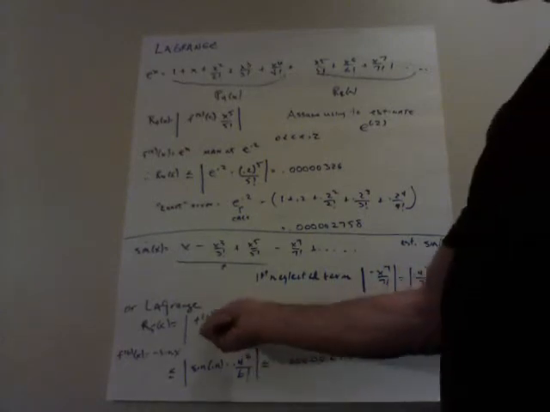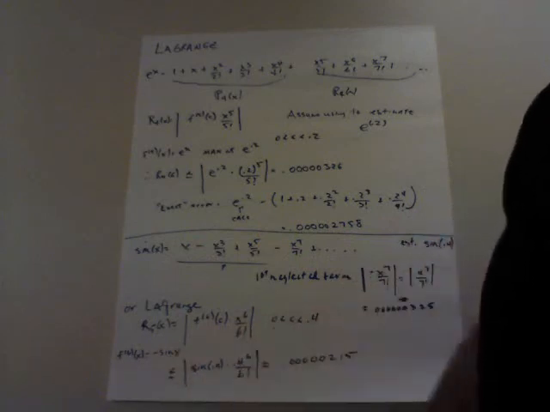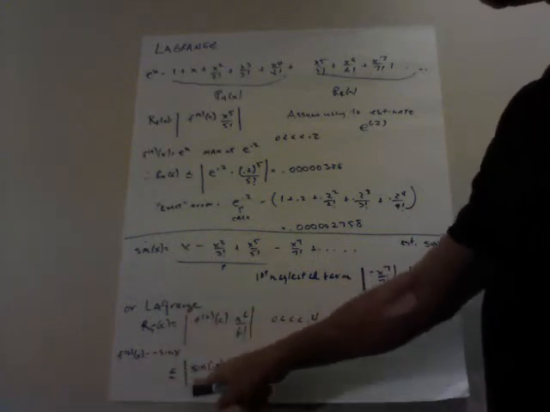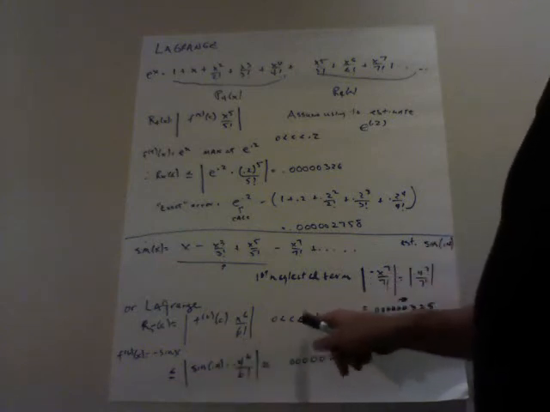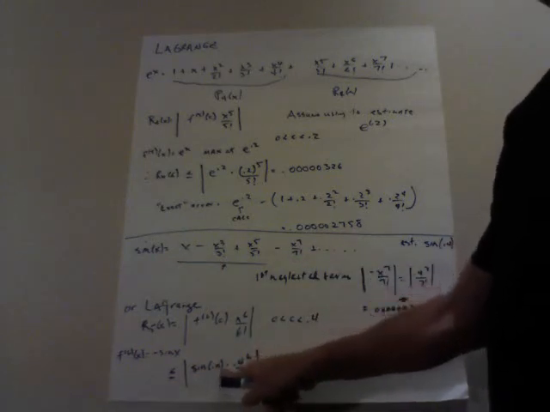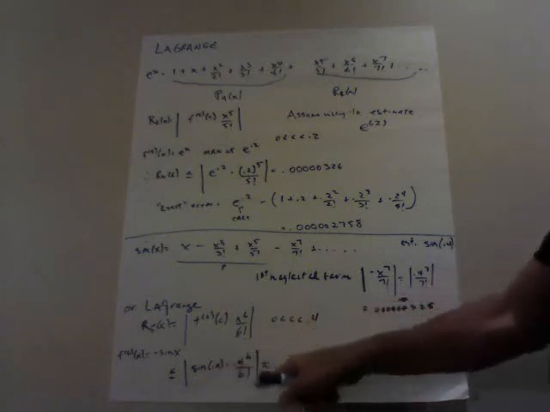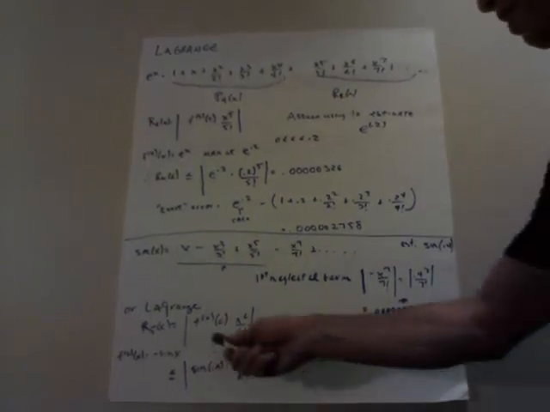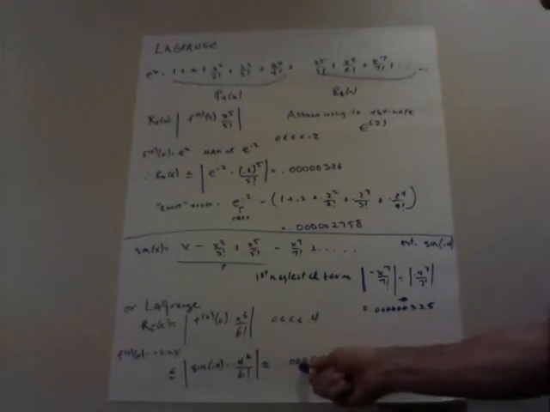The sixth derivative of sine x is negative sine of x. So again, I'm going to say this thing is less than or equal to, what's the highest value on 0 to 0.4 of sine x? Sine of 0.4 times 0.4 to the 6 over 6 factorial. And for this, the Lagrange error bound, I get 0.0000215.